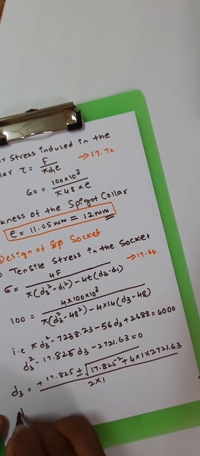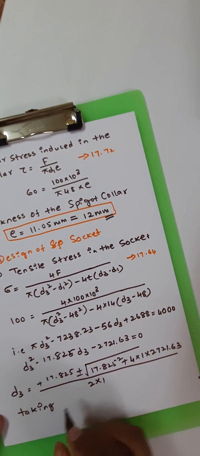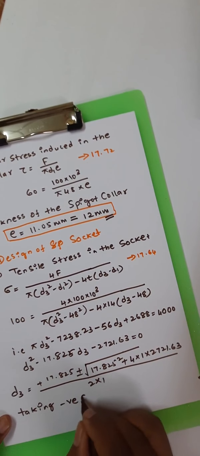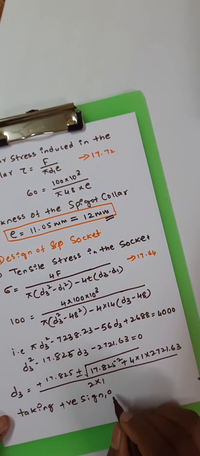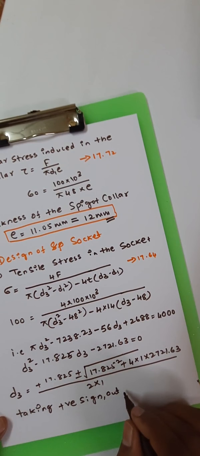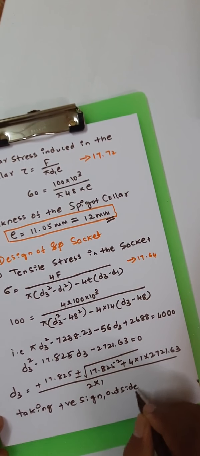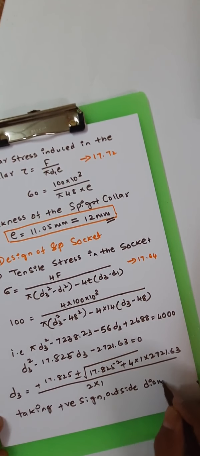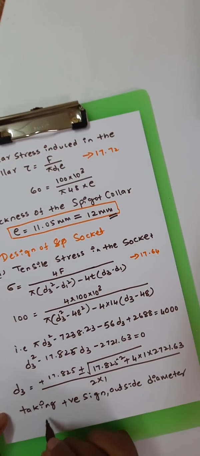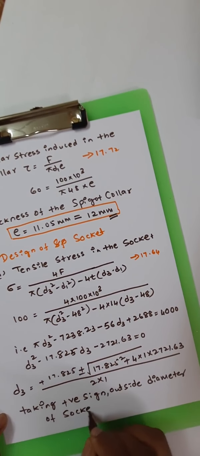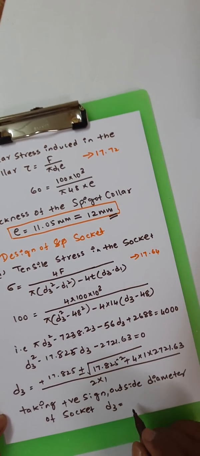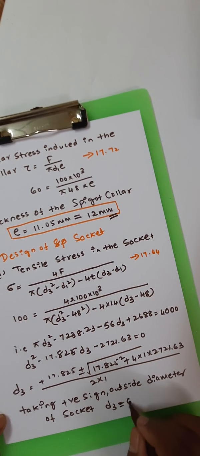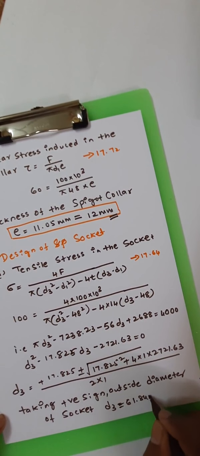Now taking the positive sign for the outside diameter, and simplifying, the outside diameter of the socket d3 is equal to 61.84 mm.